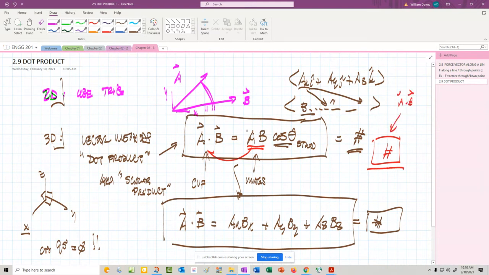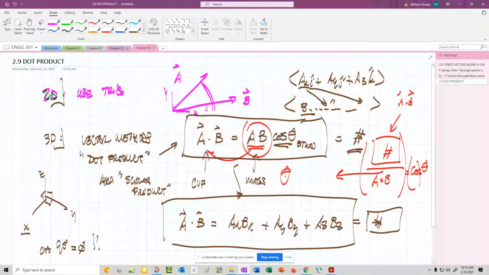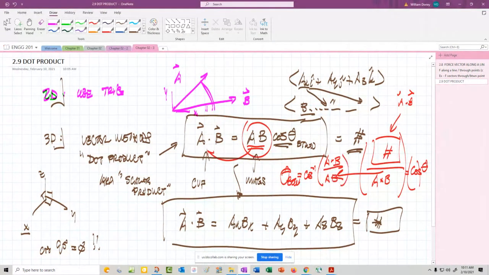We divide it by the product of the magnitudes. So that's the magnitude of A times the magnitude of B. I won't put a dot there. I'll put a little x. That will equal cosine of that angle between. So we can do inverse cosine and find the angle between by inverse cosine of that dot product over the magnitudes. Okay, dot product over the magnitudes.